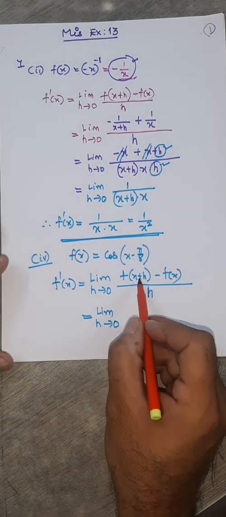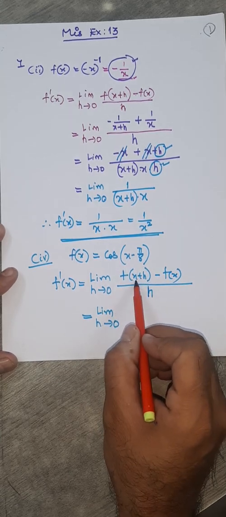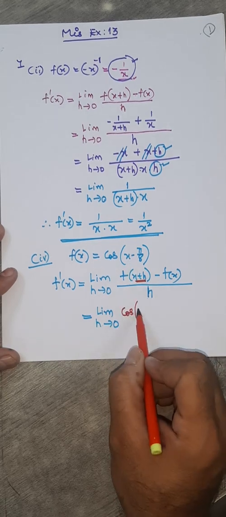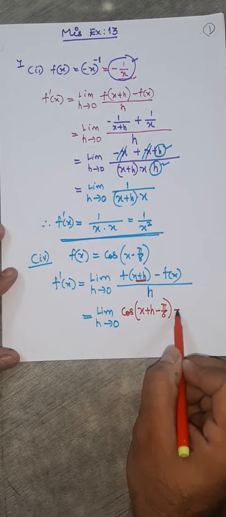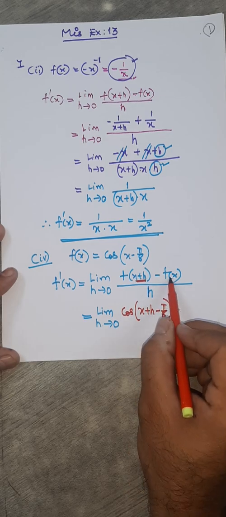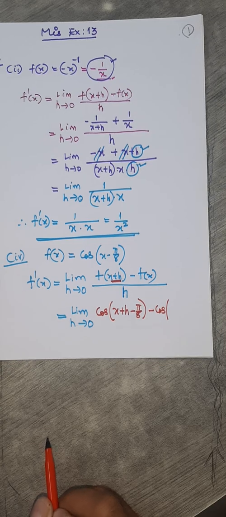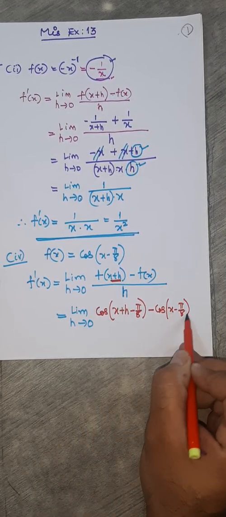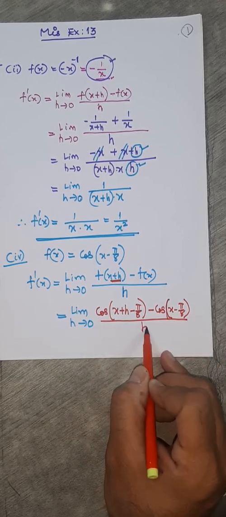What is f of x plus h? In this formula, instead of x, you write x plus h. So we have cosine of x plus h minus pi by 8 minus, what is f x? That is cosine x minus pi by 8, upon h.